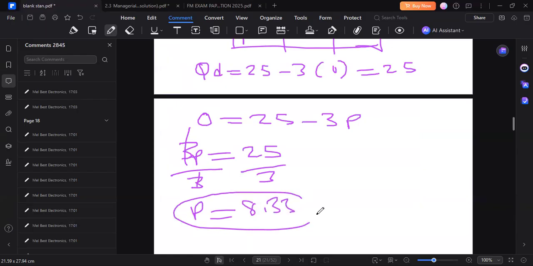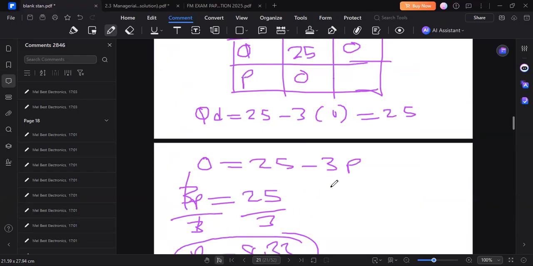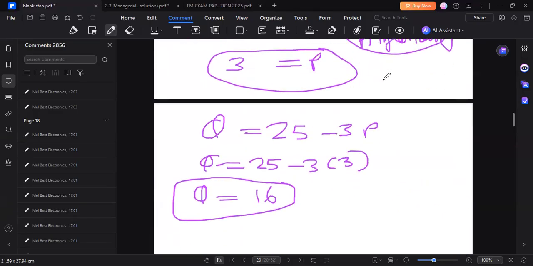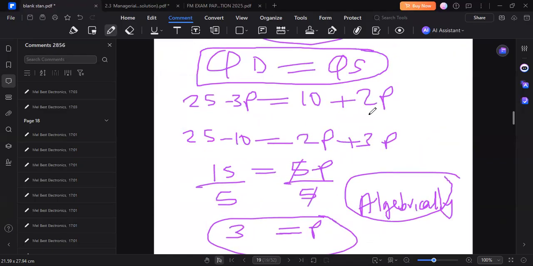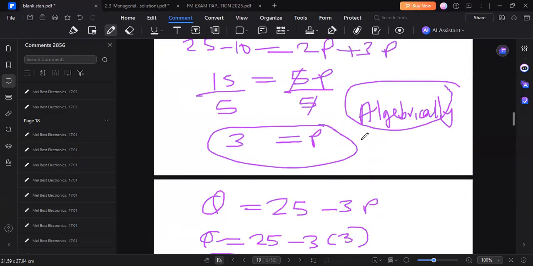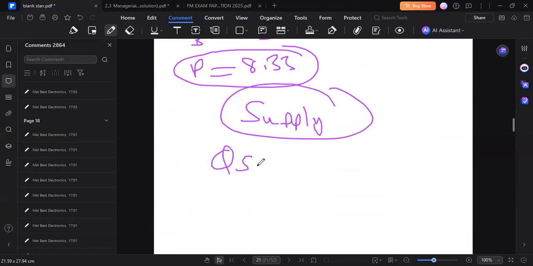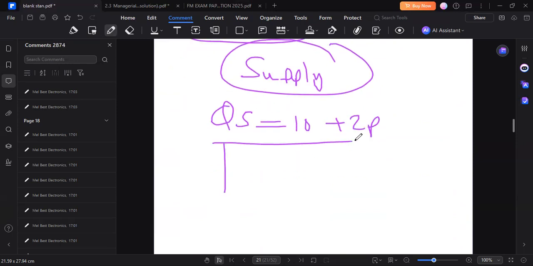So this is our price, 8.33, for the demand. Also come up with a table of values for the supply. Supply was 10 plus 2p. Quantity supplied is equal to 10 plus 2p. Then what do we do?